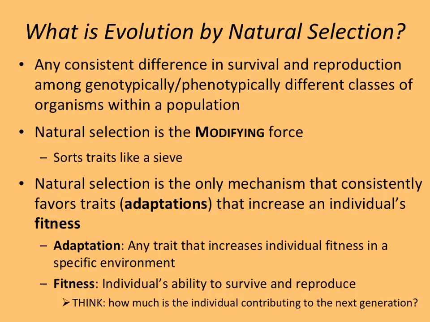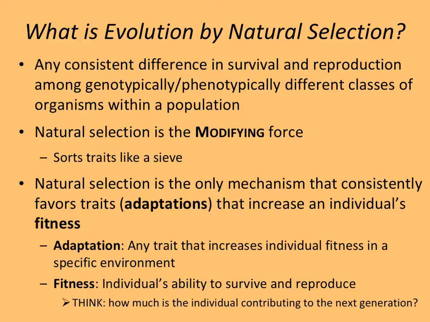Okay. Now, so populations change, individuals do not. A genotype or phenotype, a trait, that increases an individual's ability to survive and reproduce in a specific environment is called an adaptation.